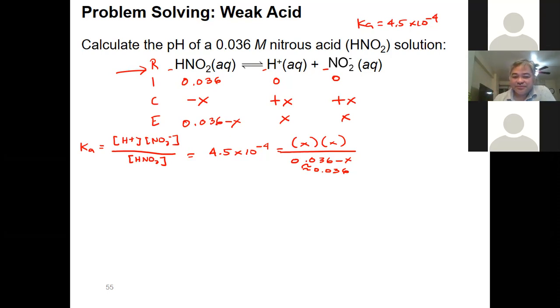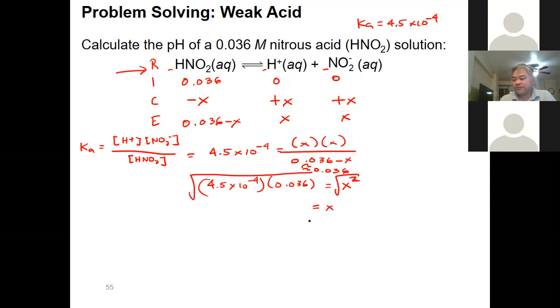Okay? So if we're going to make that assumption, magkakaroon tayo ng 4.5 times 10 to the negative 4 times 0.036. And on this side is an x squared. So to get an x, we just get the square root. And that's equals to what?